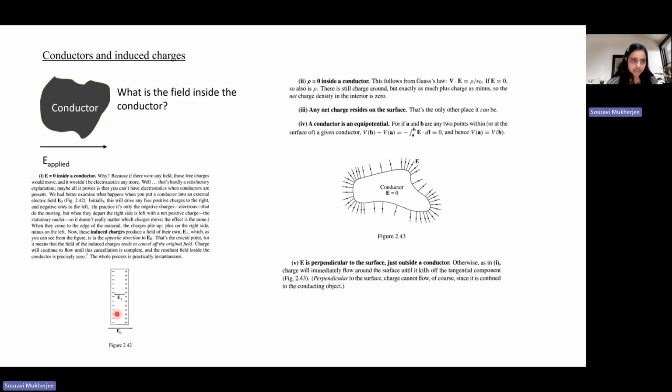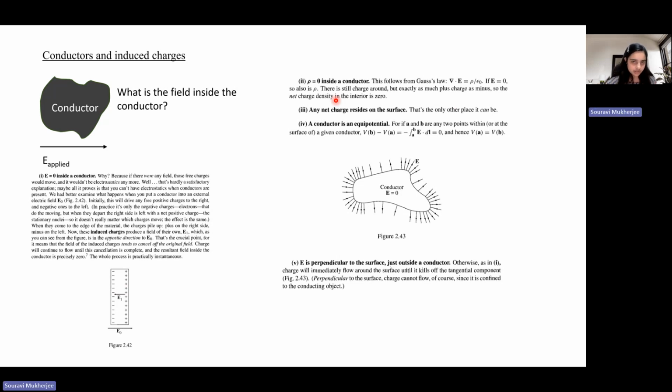So whenever you have a conductor in an electric field, the net field inside the bulk of the conductor will go to zero because of this redistribution. And from Gauss's law, if the field goes to zero, there are no charges inside. So all the free charges reside on the surface.